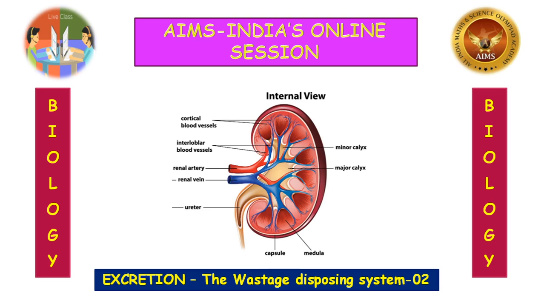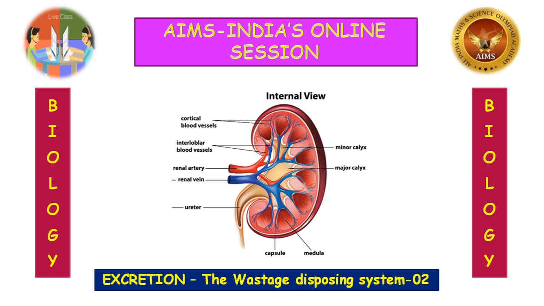So the phenomenon in which these materials are excreted, that is ammonia, when it is excreted, it is called ammonotelism. If urea is excreted, ureotelism. If uric acid is excreted, uricotelism. Okay. So like that, the animals are classified based on excretion into ammonotelic, ureotelic and uricotelic.